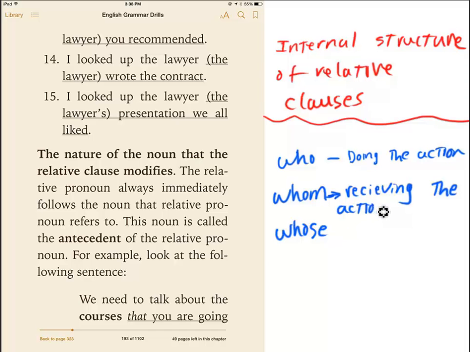I have to look up how to spell receiving. I think it's spelled like that. I before E except after C. It just doesn't look right. One second.